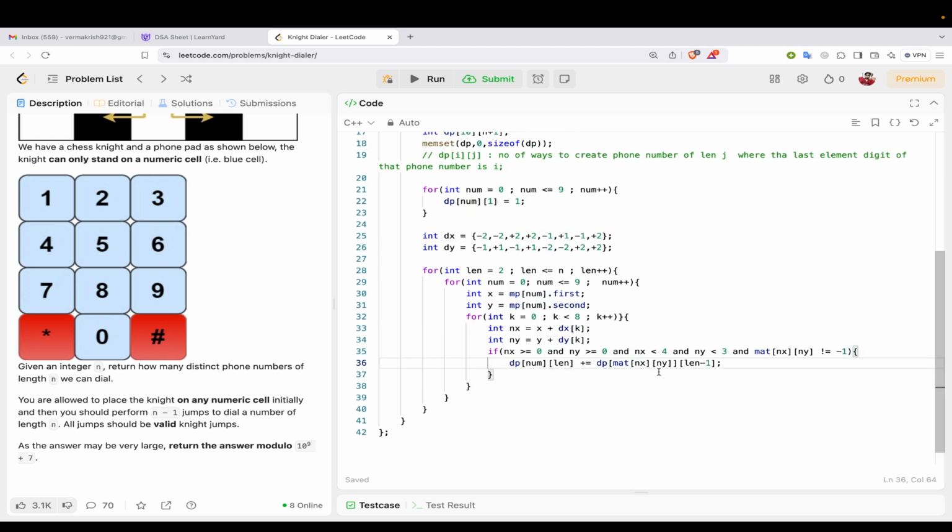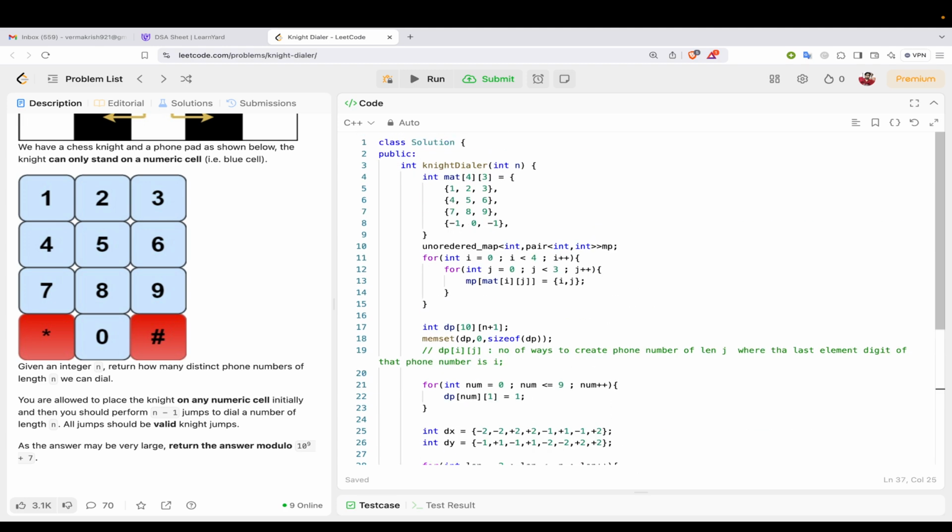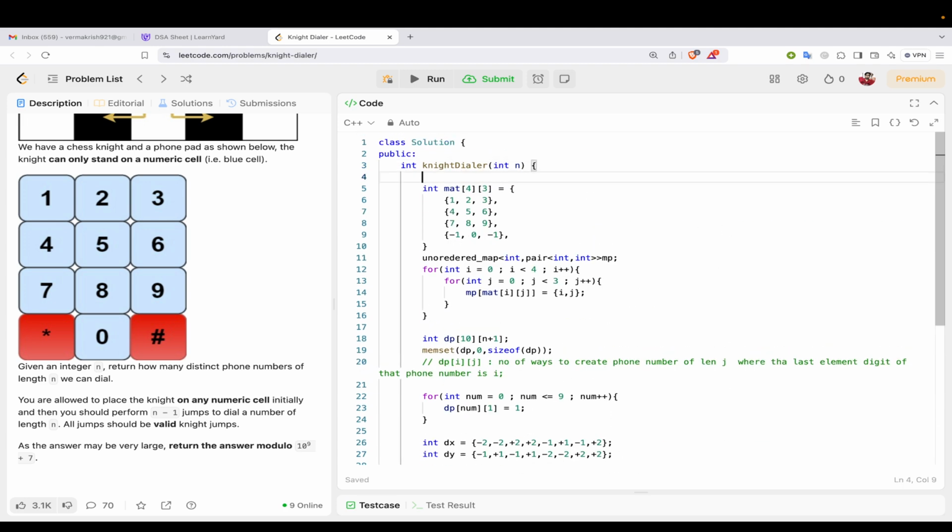That is the number, and whatever the dp answer for length minus 1 for that number is, we will add into the current answer. And we also have to do one more thing, because the number can be very large, so we have to mod also. So 1e9 plus 7 we have to mod it, because it is given in the problem.